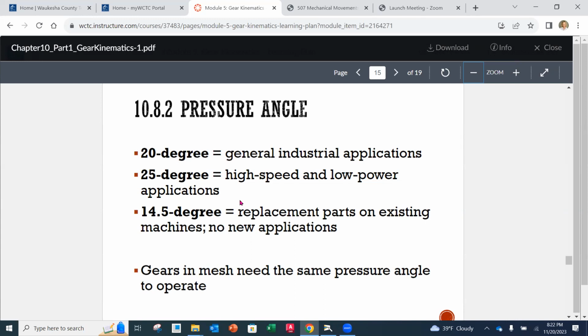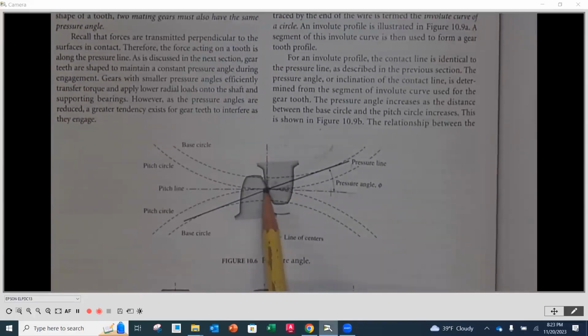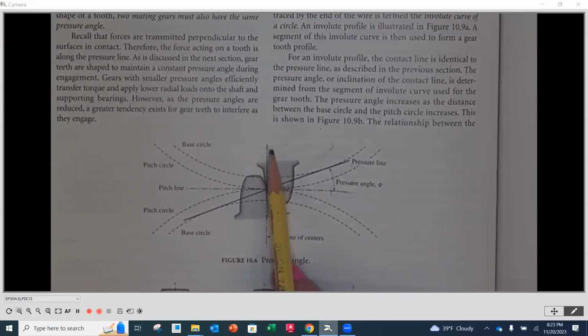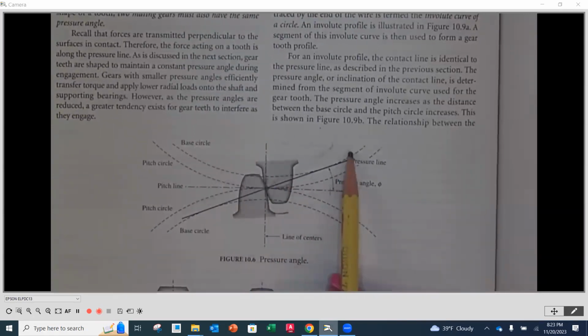Now, gears that are in mesh have to have the same pressure angle. Okay. So if we go back to the diagram on page 264. As we have that point of engagement and we see one of these teeth come in on the other, there's what we call a base circle.